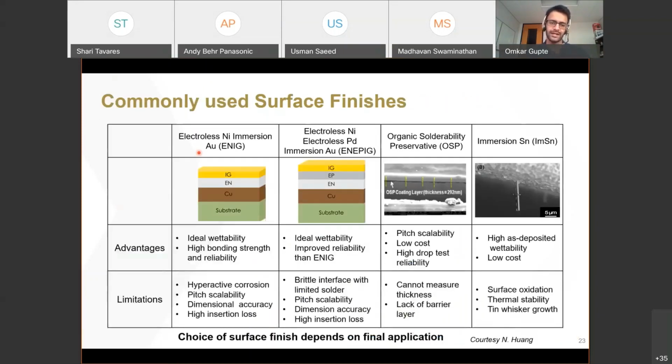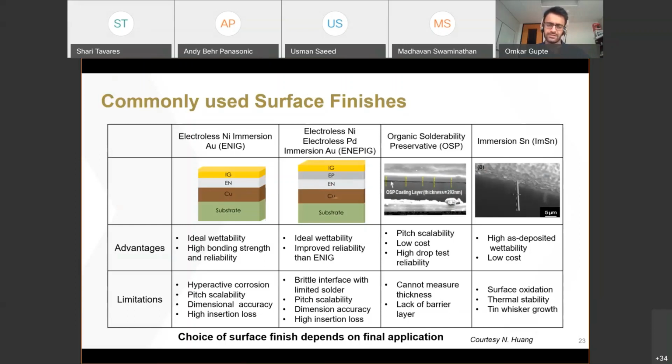There are other surface finishes commonly used, such as electroless nickel immersion gold, or ENIG, ENEPIG that I just mentioned, which has another layer of palladium in there, OSP, which is an organic material, and immersion tin is also commonly used. All these have their advantages and disadvantages. For instance, ENIG and ENEPIG have the gold outer layer surface, which gives a very good wettability for solder, and hence that is a major advantage.